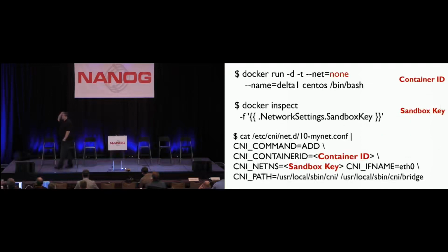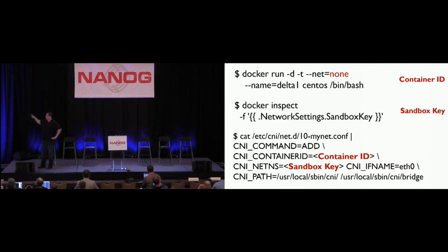So when you run your container and you specified, I don't want to use Docker networking, what the orchestration agent would get is a sandbox key. The sandbox key would be the path to where that network namespace is located in the file system. It's actually a set of file descriptors.